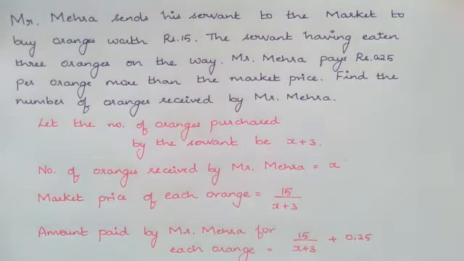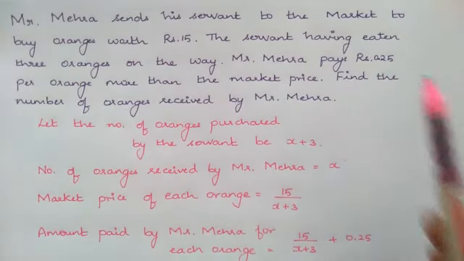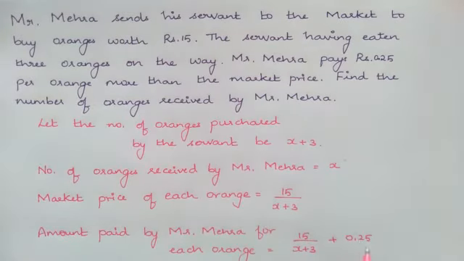In some cases we would have it as 25 paise. At that time, please don't write 25 here. It should be 0.25 rupees. That is 25 paise. So this is going to be the amount paid by him for one orange.